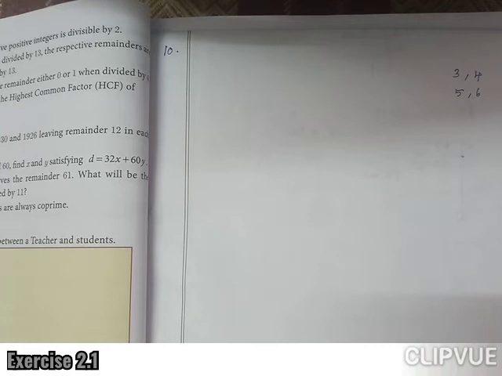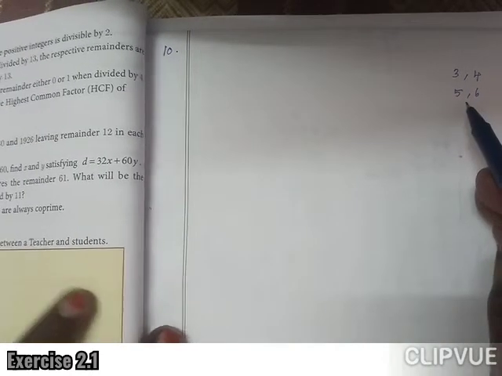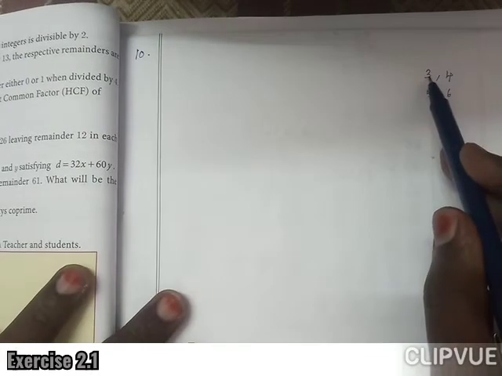So now we are going to say two consecutive positive integers are always coprime, like this. But we have to say it generally.